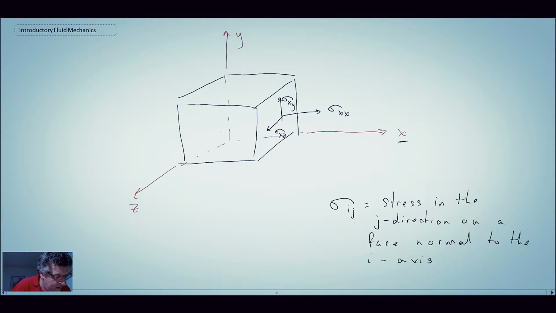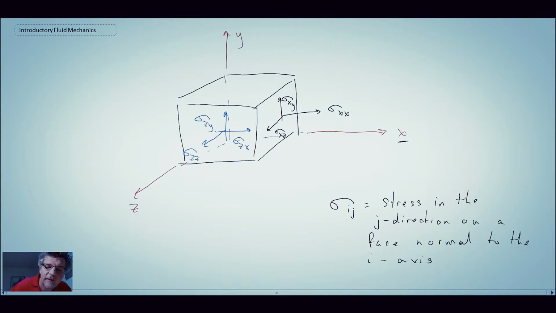Now, the face on this side, and let me change pens. So over here, we have sigma zz. And then we have sigma zy on the z face in the y direction, and then we have sigma zx, z face in the x direction.